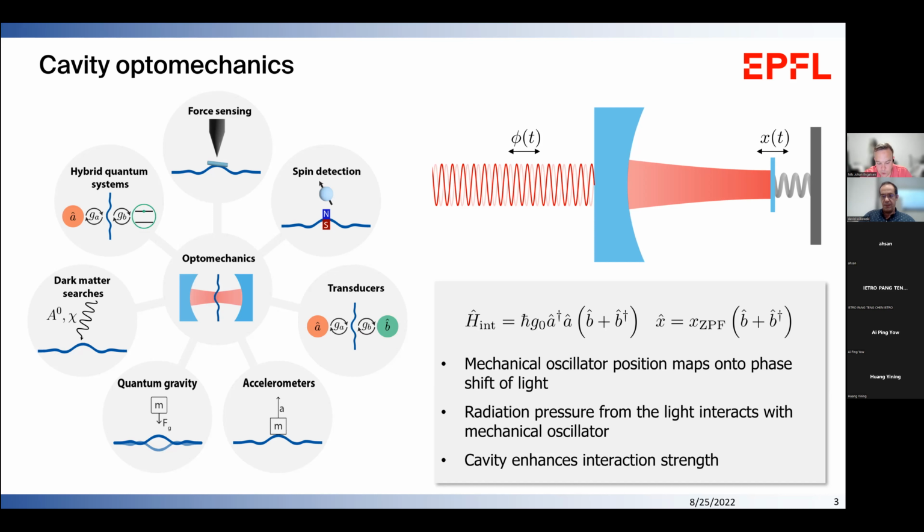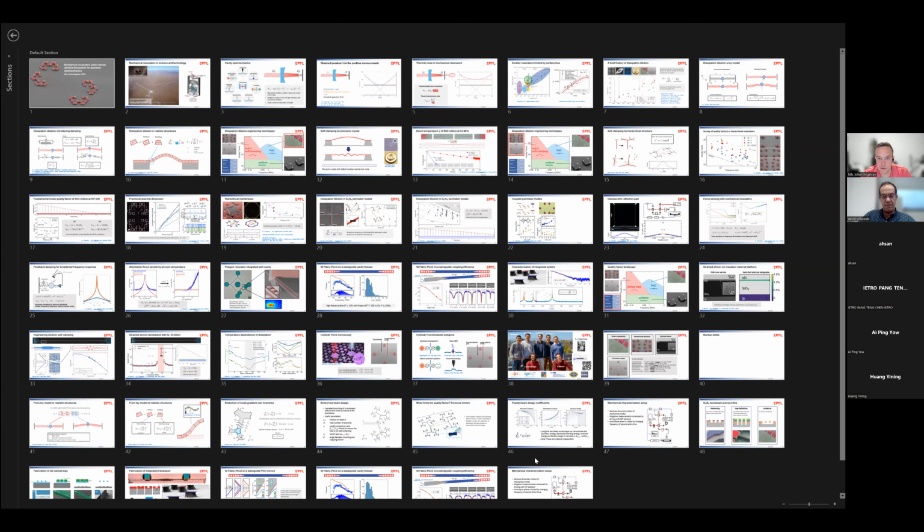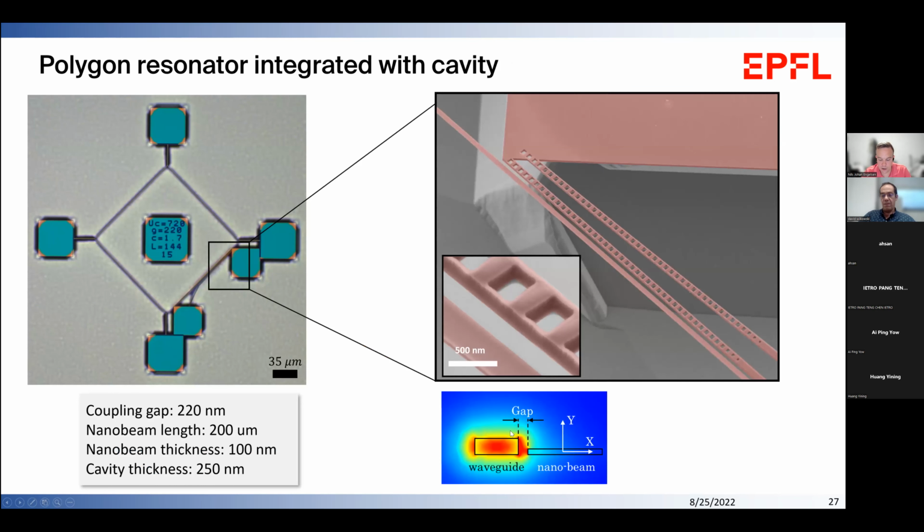The main goal of this integration with the photonic crystal cavity is actually to cool to the ground state from room temperature. And we think that should be possible because with this system, we get very high coupling rates from this near-field interaction between the nanobeam and the cavity.